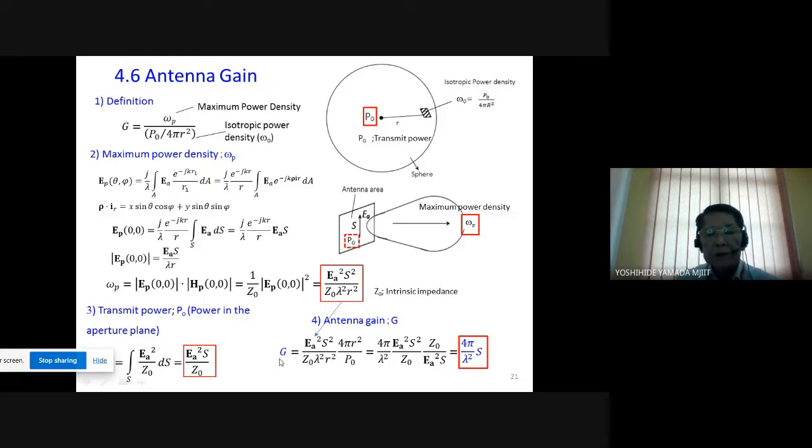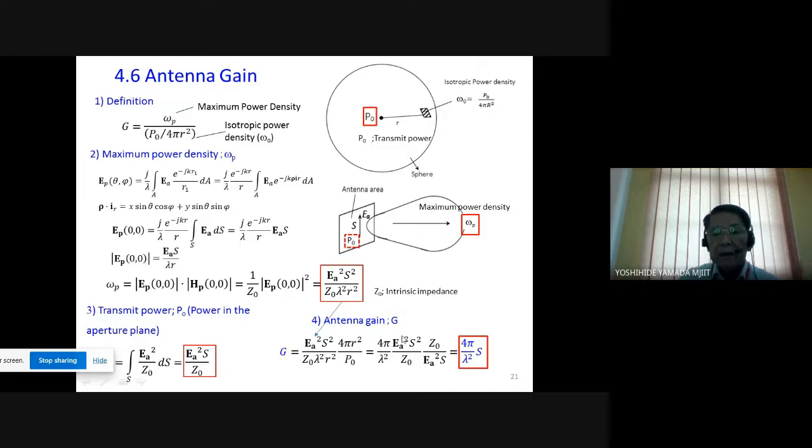So finally, putting these values here, we obtain a very simple expression of gain: 4 pi S, this aperture area, divided by wavelength squared.